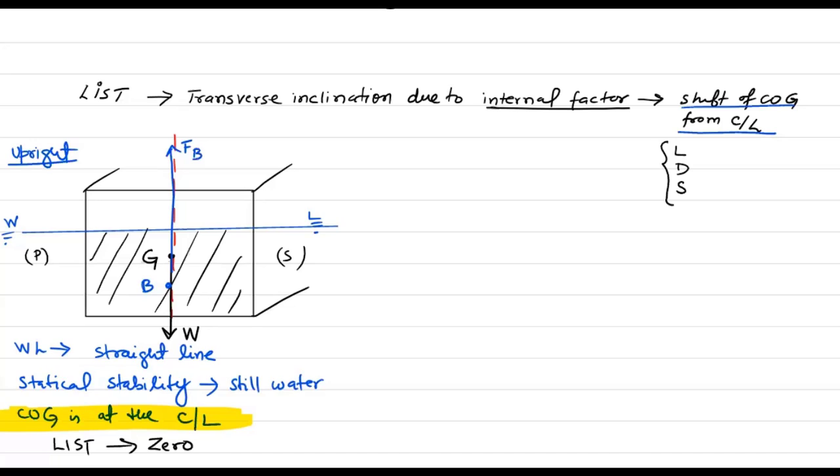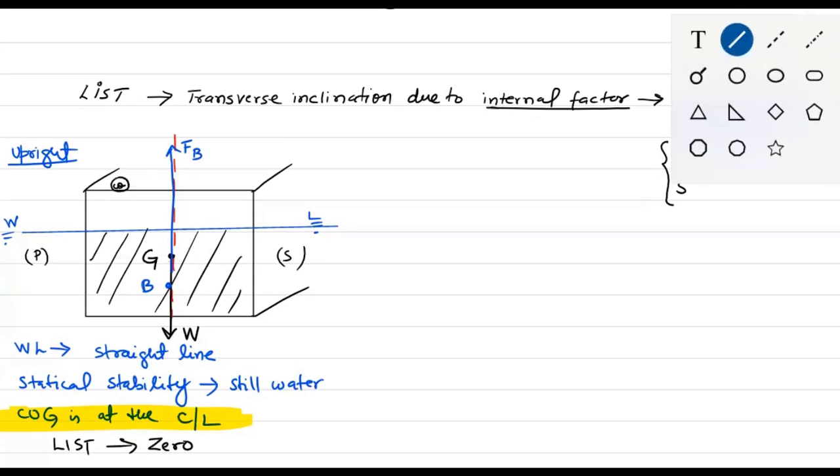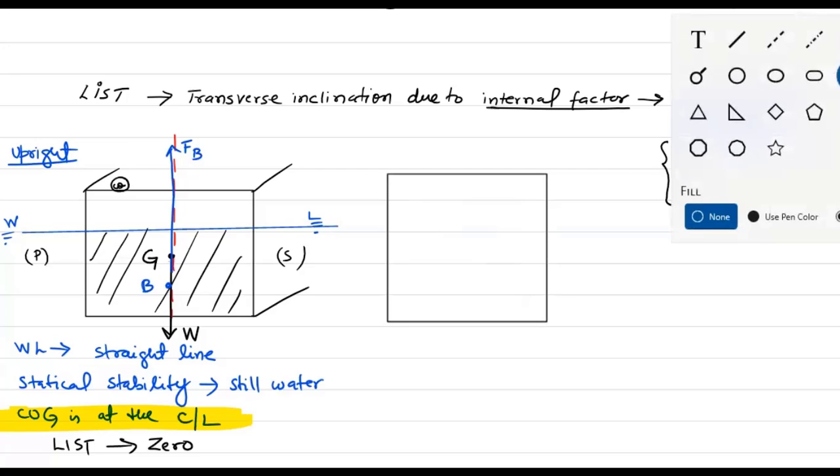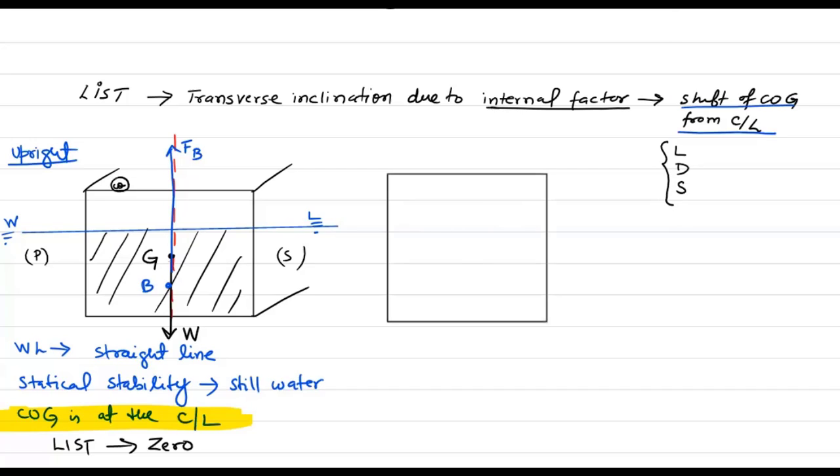Like suppose we shift something. Suppose there was a small weight here, that is small w, and the ship was upright. And now I shifted this weight here like this. I will show you in this second diagram. So weight is acting downward, right?